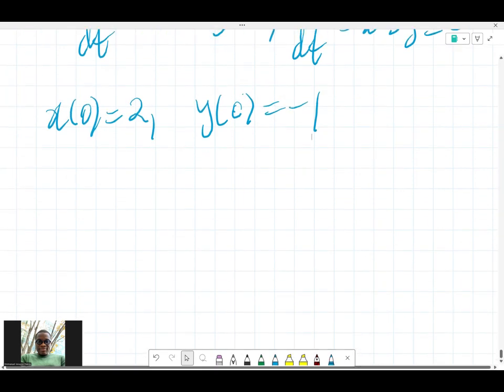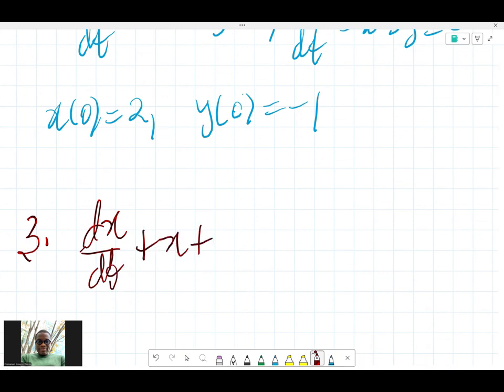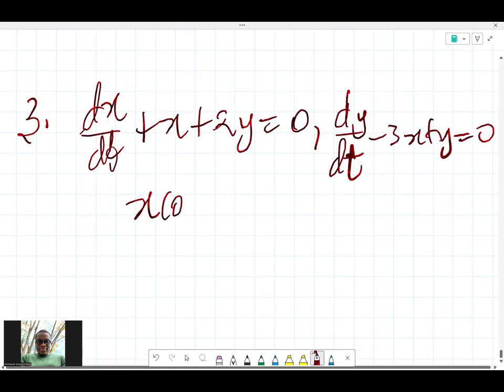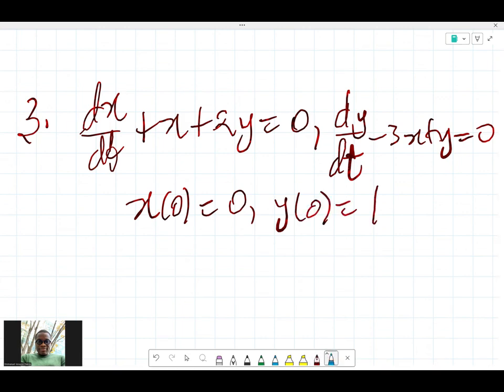We can also have question 3: dx/dt plus x plus 2y equals 0, and dy/dt minus 3x plus y equals 0, and x of 0 is 0, y of 0 is 1.